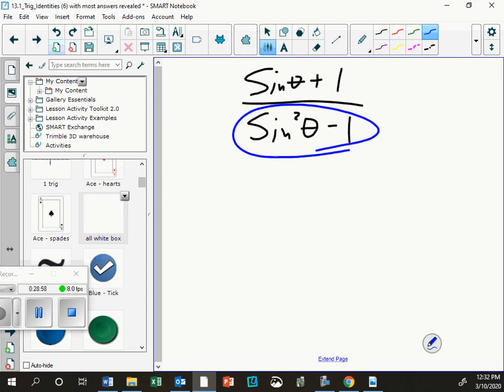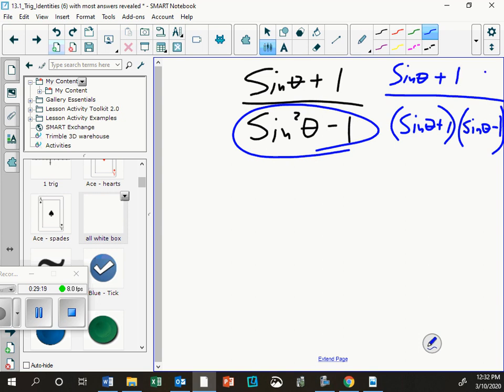But in this case, do you get it would factor into something so that the top would cancel with the bottom? Sine theta plus 1, sine theta minus 1, and then the sine theta plus 1 on the top cancels. Final answer is 1 over sine theta minus 1.